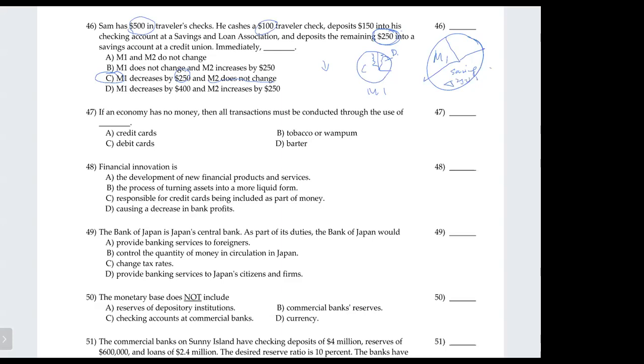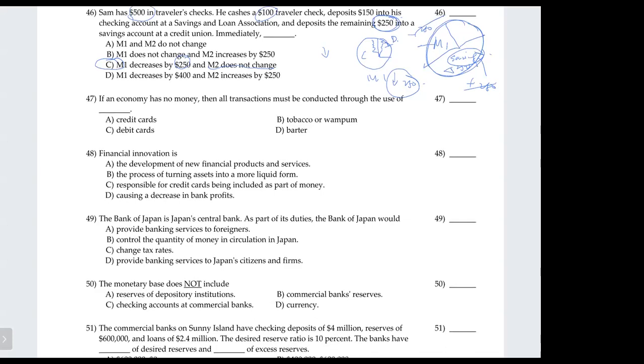So that's why M1 is decreased by 250, but now the savings account increased by 250. If we look at M2, it doesn't change because M1 decreased by 250 and the savings increased by 250. So these two just cancel each other. But for M1, it decreased by 250.